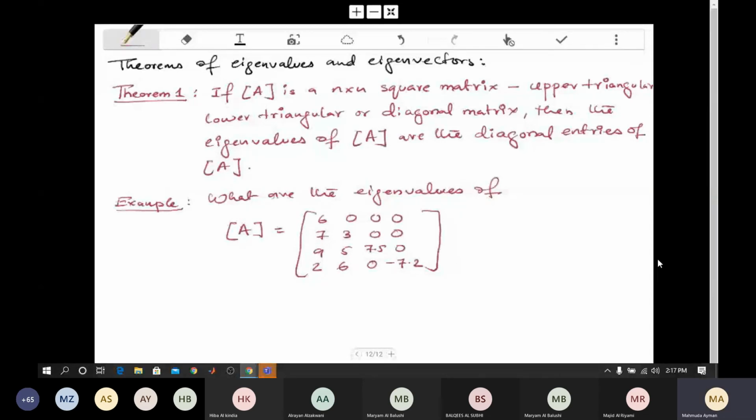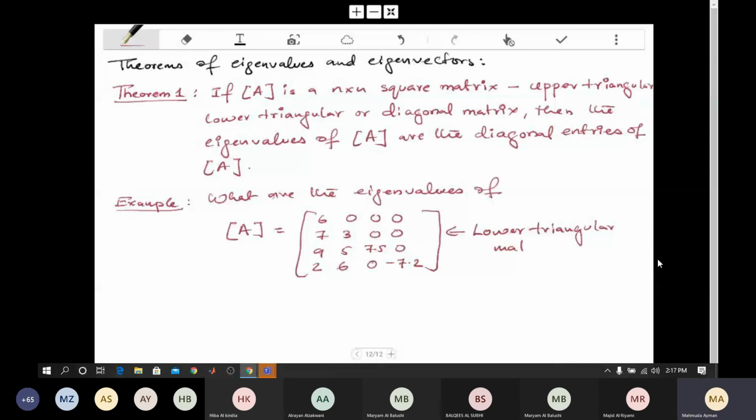Lower triangular, yes, that's correct. So this here is a lower triangular matrix. Now give me the eigenvalues of this matrix. Yes, that's correct.